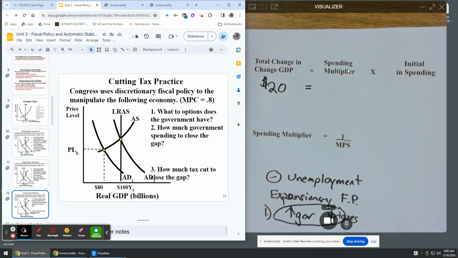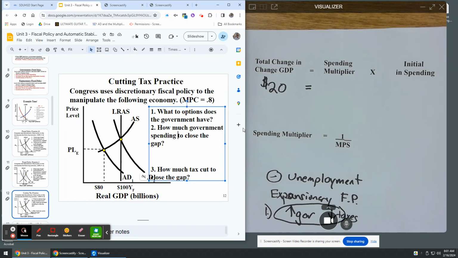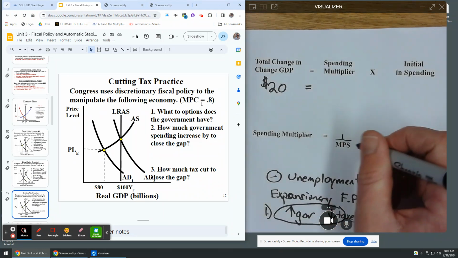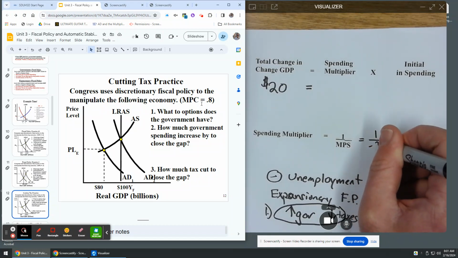Now we need to solve for our spending multiplier. So, well, I'm addressing question number two, I'm sorry. How much should government spending increase by to close the gap? Good work, Mr. Owen. Well, in this case, we have an MPC of 0.8, so I know that my MPS is 0.2.